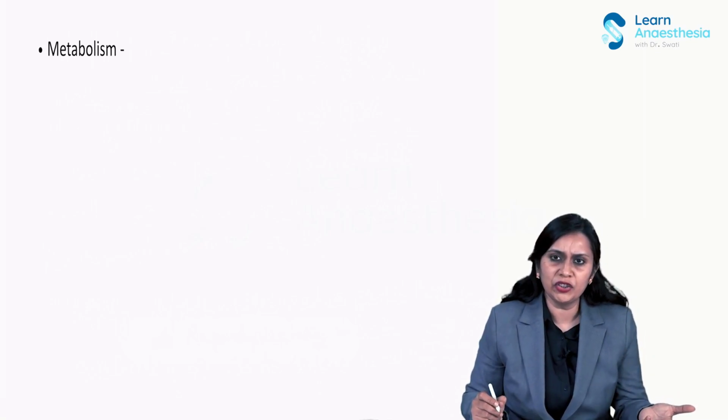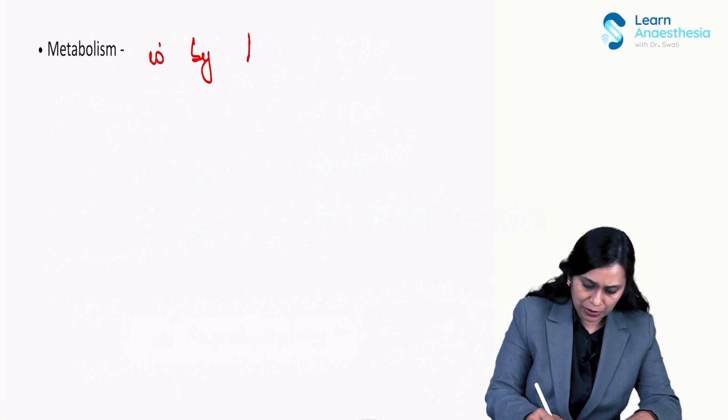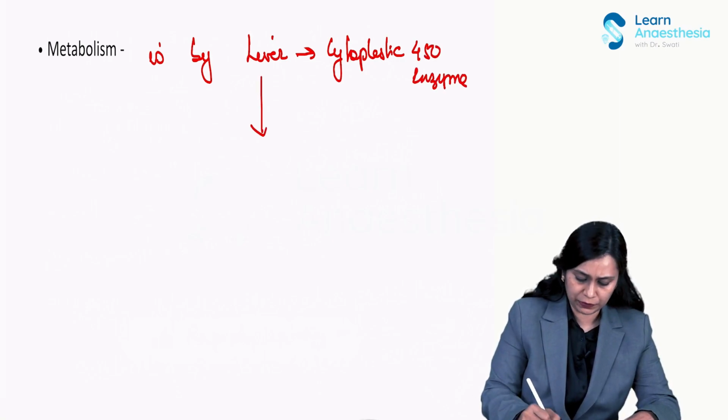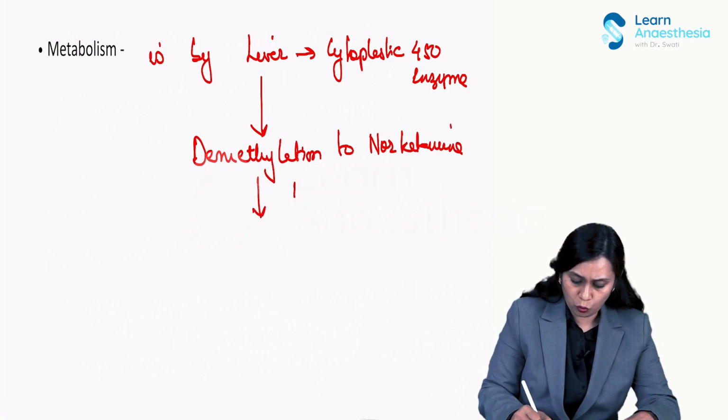Okay. Then metabolism, like most of the IV anesthetic agents, is primarily by the liver. In the liver, by cytochrome P450 enzyme, it is demethylated to norketamine, which is one-third to one-fifth less potent.